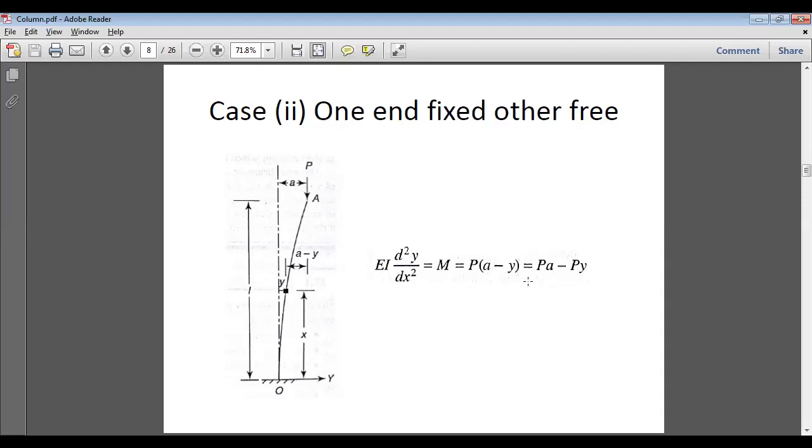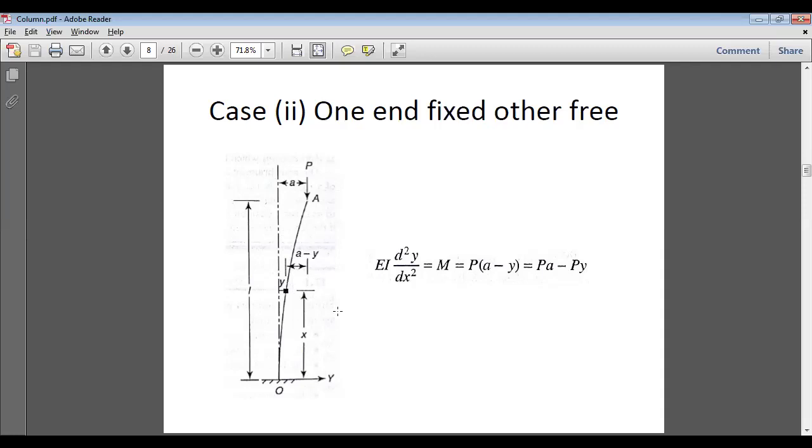So this way, condition number 1, the value of y will change from 0 to a. Condition number 2, the value of x will change from 0 to L. If we are confident of these two conditions, then substituting them while integrating will give us the exact result.